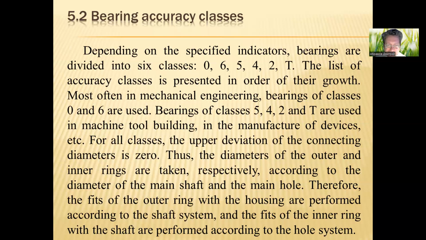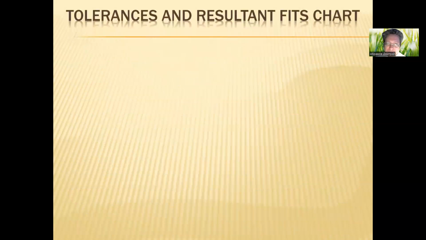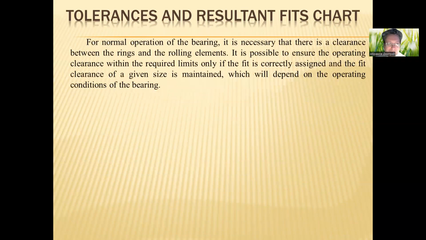Therefore, the fits of the outer ring with the housing are performed according to the shaft system, and the fits of the inner ring with the shaft are performed according to the hole system. Tolerances and resultant fits chart.